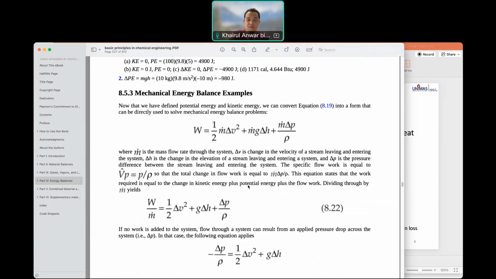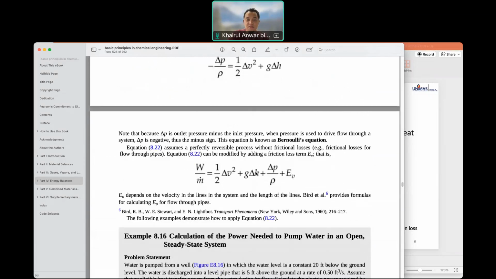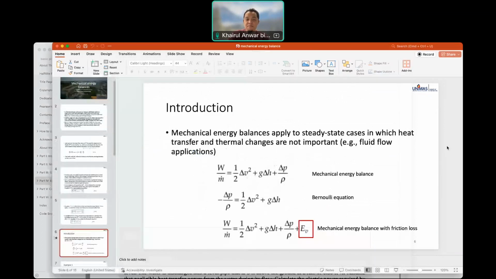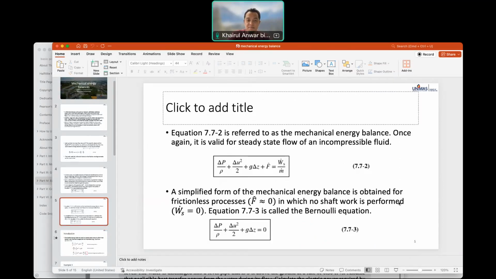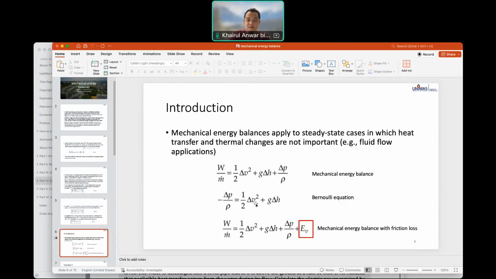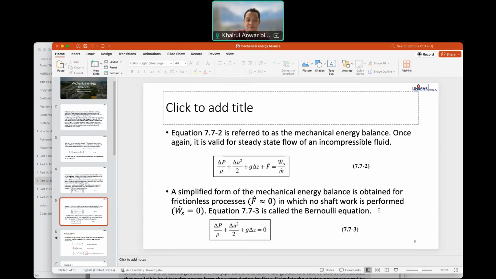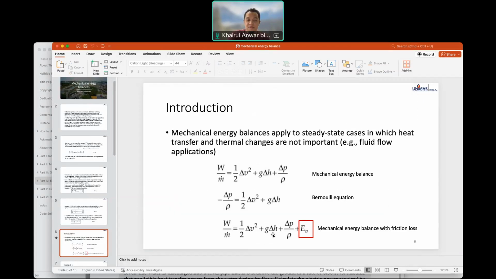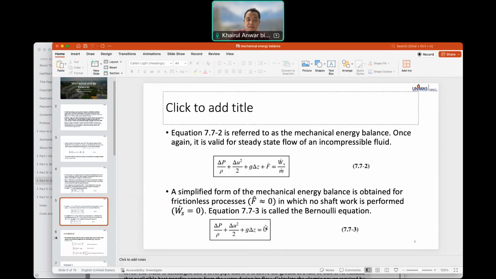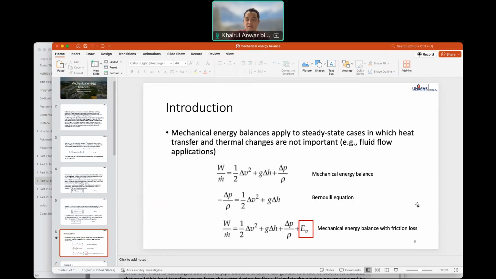You see the equation, but the meaning is the same. Instead of F, it's EV, same. Everything is the same. V here is u, g same, h is same.